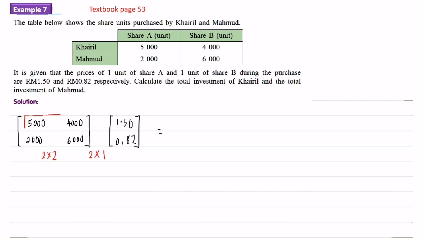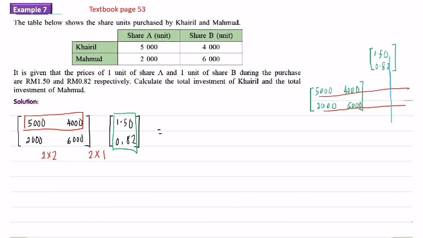If I use method 1, still remember row times the column. If you use method 2, it's like this. Second matrix, put a little bit up. Then the matrix is 2 by 1.